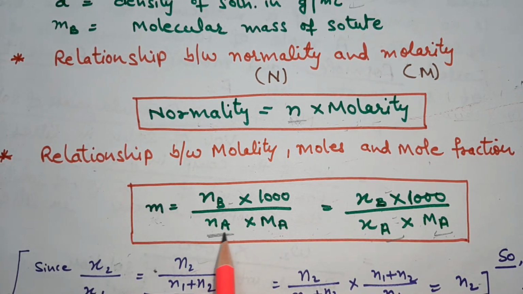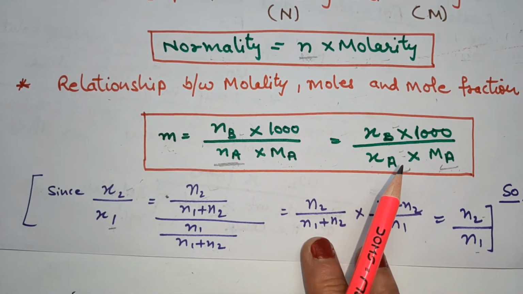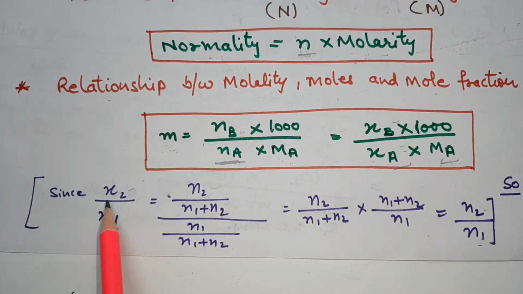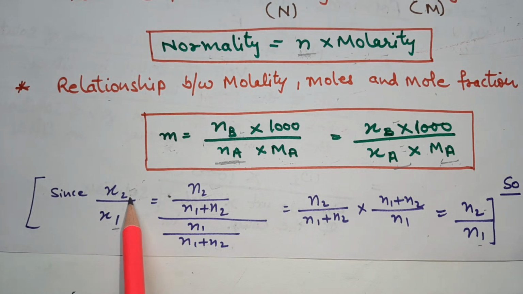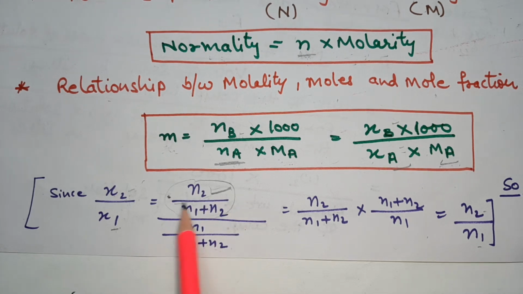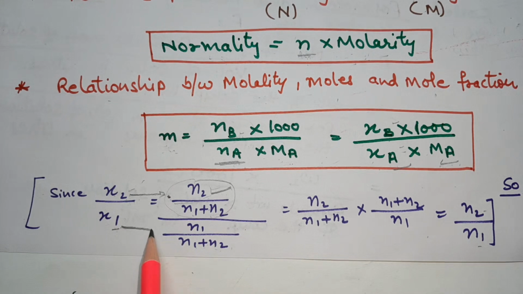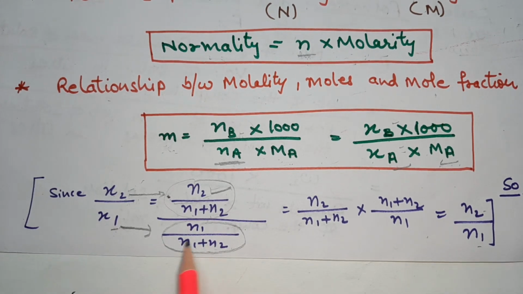Here is the question: how is Nb upon Na equal to Xb upon Xa? Here I have calculated for you X2 and X1. Writing 2 or B is the same thing; we use 2 or B for the solute. The mole fraction X2 is N2 upon N1 plus N2, and X1 is N1 upon N1 plus N2.